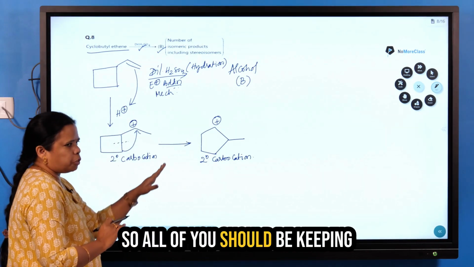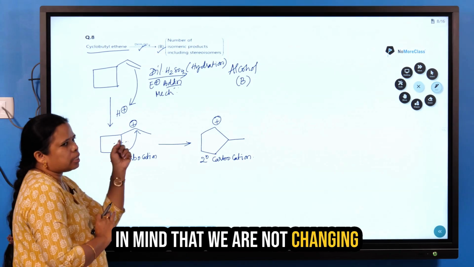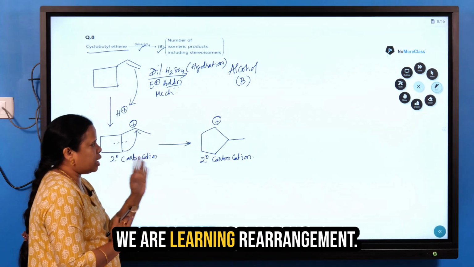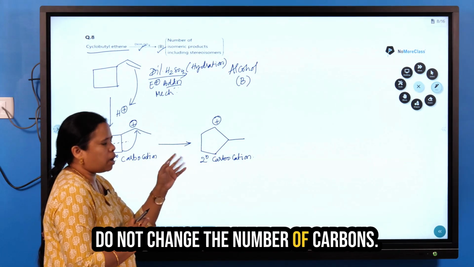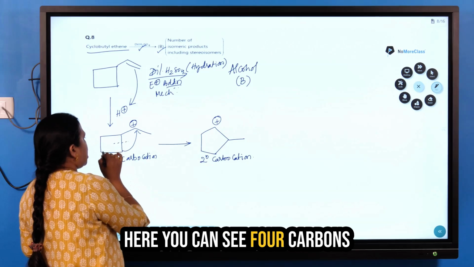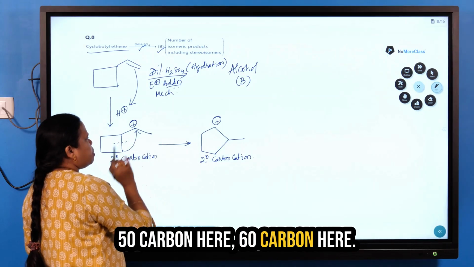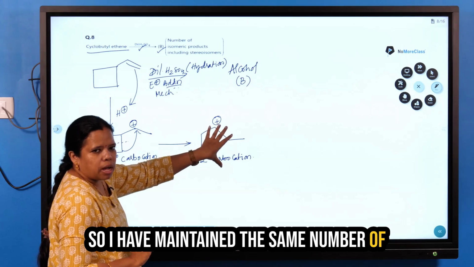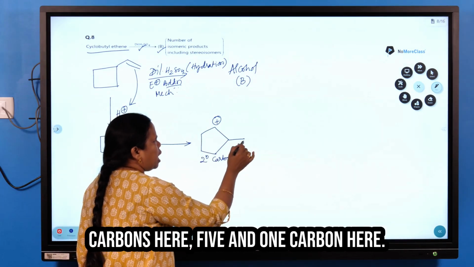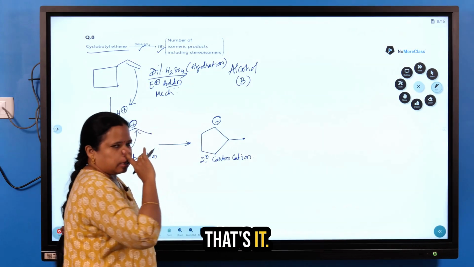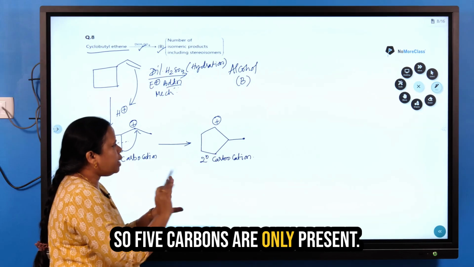All of you should keep in mind that we are not changing the number of carbons. Whenever we are learning rearrangement, do not change the number of carbons. Here you can see 4 carbons in the cyclobutane, 5th carbon here, 6th carbon here. So I have maintained the same number of carbons: a 5-membered ring and 1 carbon here. That's it.